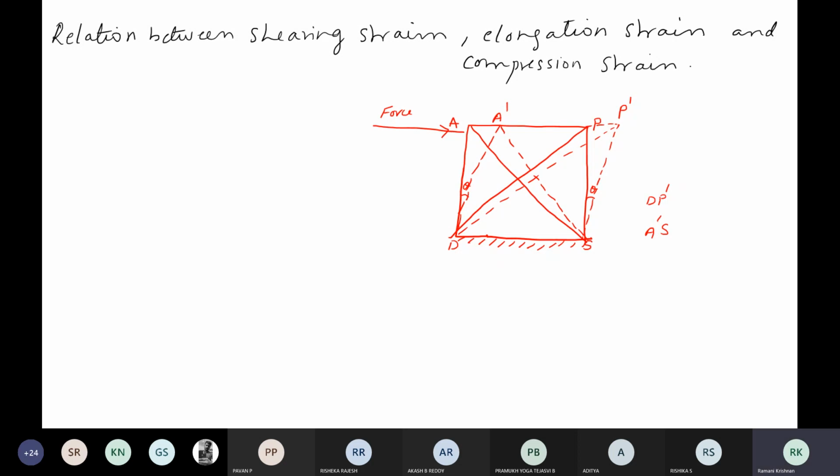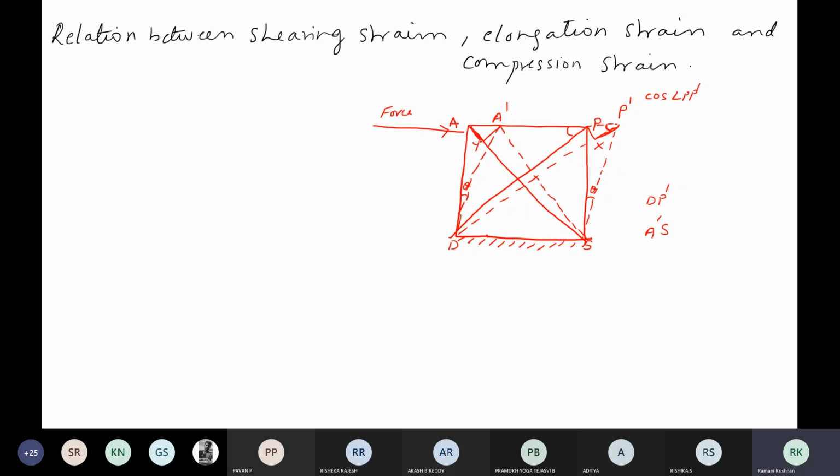Because it needs little understanding. Then what I did, I said this angle is 45 degrees, because this is also 45 degrees. Before that I draw one length saying X. I draw a tangent here, Y. So this is the elongation produced and this is the compression produced.